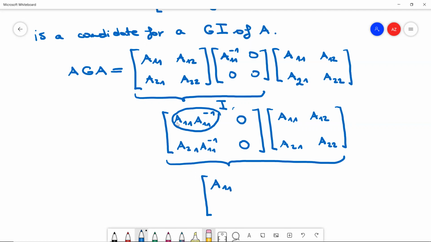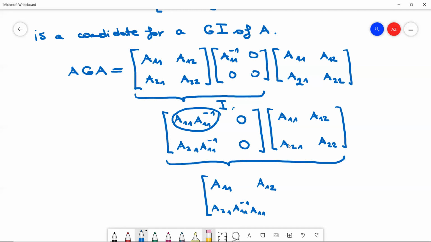And then first row and the second column, we get A12. And here, we have second row and first column. So we get A21 A11 inverse A11.